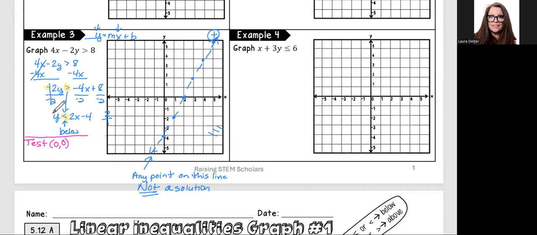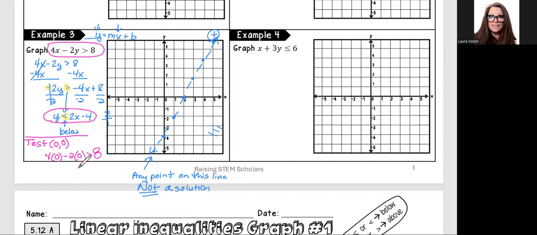And so I can use this equation or I can use this equation. It really doesn't matter. As long as my algebra was correct between these two equations, you should get the same answer. We can try it in this first one. We can do 4 times 0 minus 2 times 0 is greater than 8.